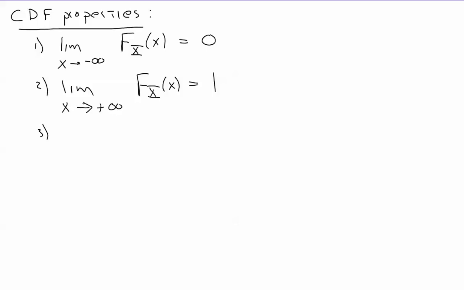Third property, and this is the one that is sometimes a little bit confusing. Cumulative distribution functions are continuous from the right.